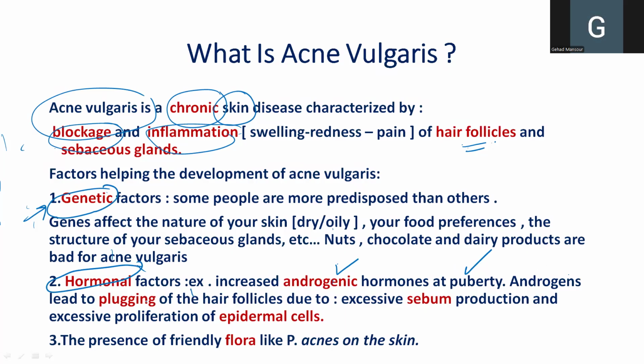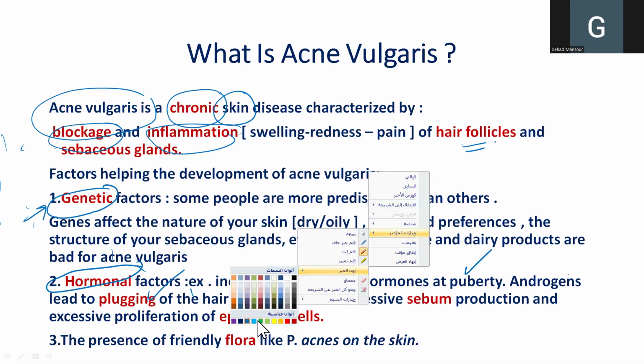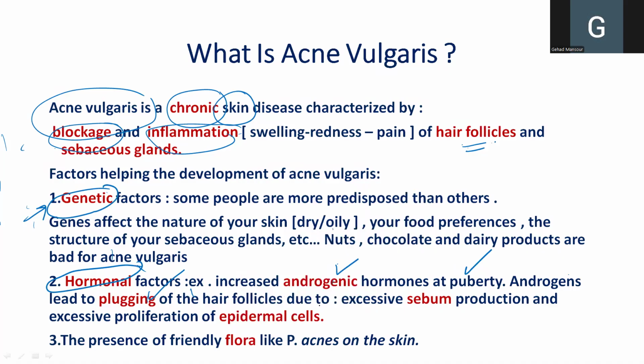We talked about plugging of the hair follicles. But there is an important point we didn't mention, which is the causes of plugging. We only mentioned one cause, but actually there are 2 causes for plugging.